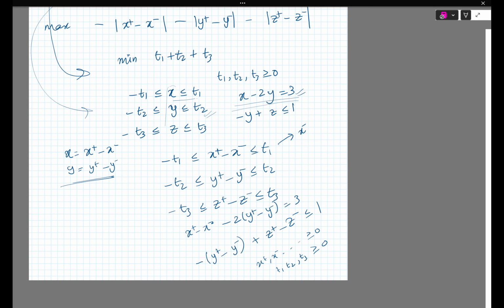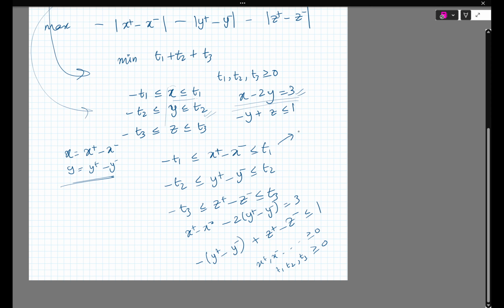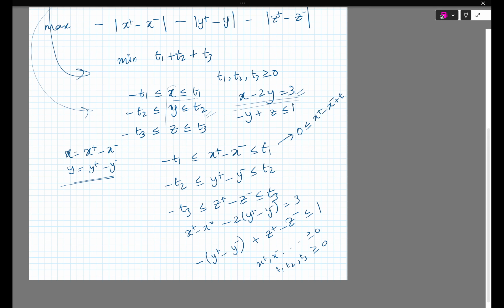Mod x plus minus mod x minus t1. If we add t1 here, then the left hand side will be 0. Okay, fine. Now it will be mod of x plus minus x minus less than or equal to t1, right?